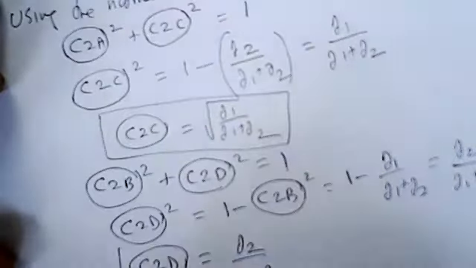Okay. Now use the orthogonality of this block matrix. I told you the negative sign comes on the diagonal.